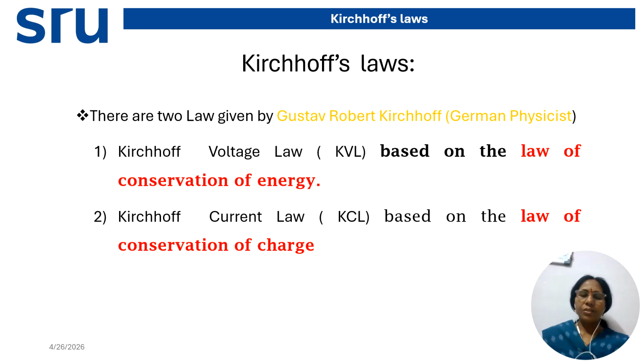The statements are like this. Kirchhoff's voltage law states that the algebraic sum of voltages in a closed circuit equals 0, and Kirchhoff's current law states that the algebraic sum of currents at a node equals 0. So now we will discuss what is a closed circuit and what is a node.